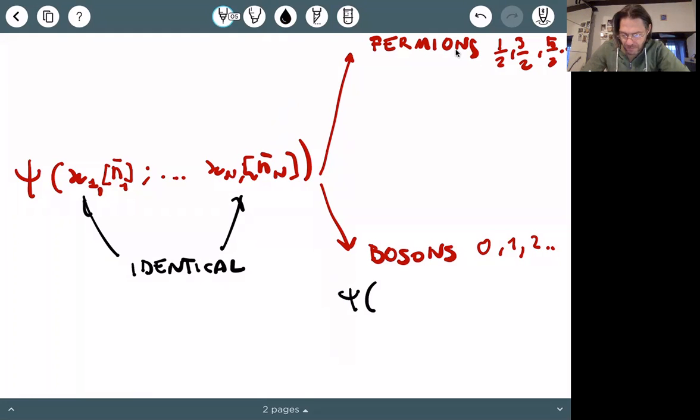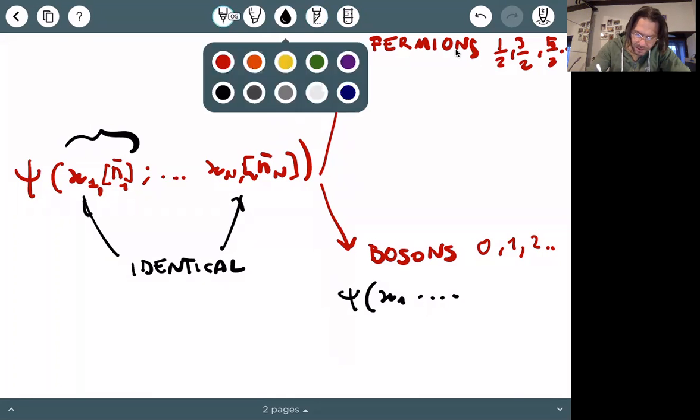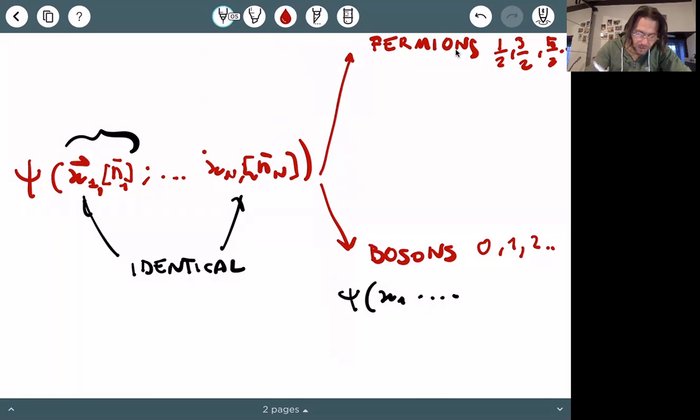means basically that psi of x1... Now let me call, this is the collection of all the continuum quantum numbers. So x is a continuum quantum number, and n is a discrete quantum number.